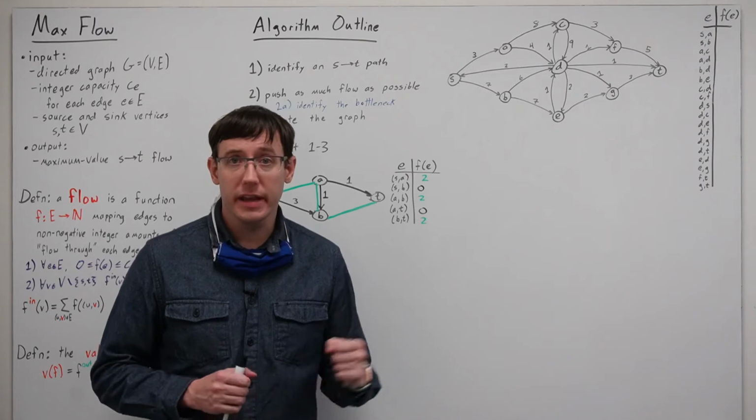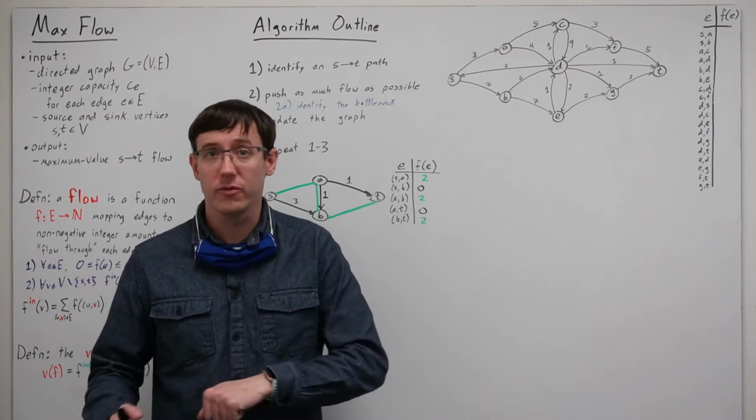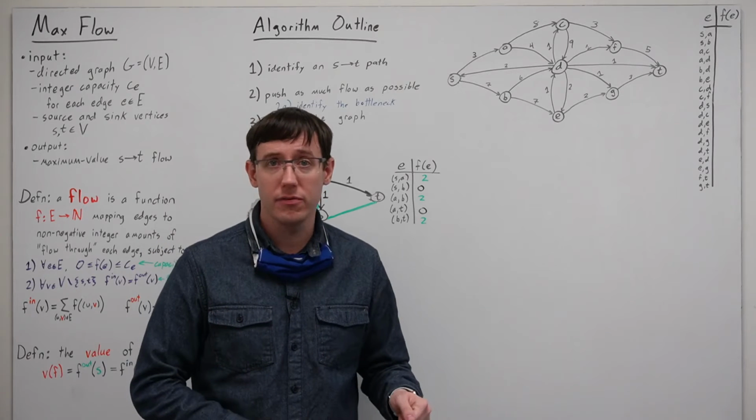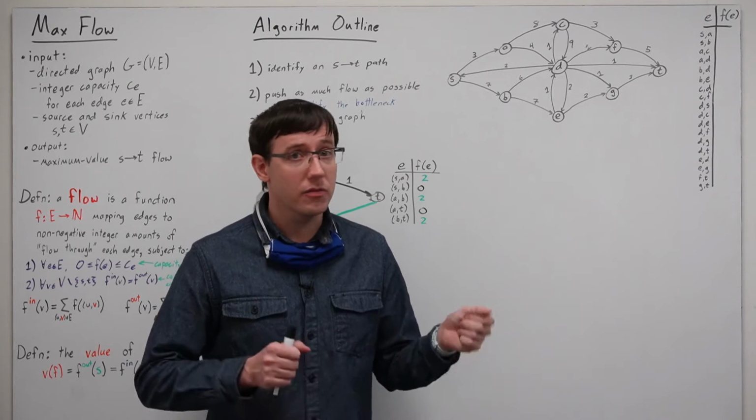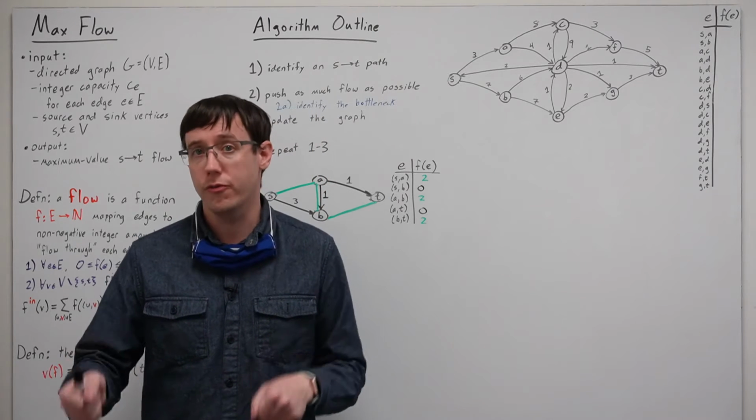And what that looks like in practice is to add a back edge for every directed edge in the graph, where the capacity of the back edge is equal to the flow on the forward edge.